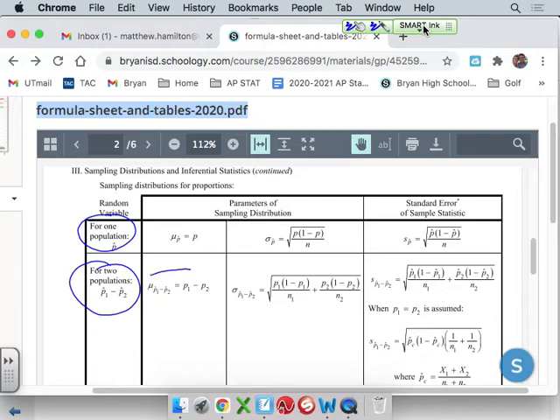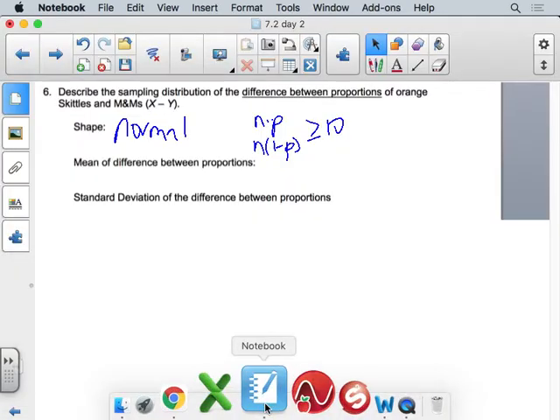And so you can see the mean for the 2 of them, for p hat minus p hat, is just the population parameter minus the other one. So just take the difference of the 2, which in this case is, since we're doing Skittles minus M&Ms, what's the mean of Skittles minus M&Ms?